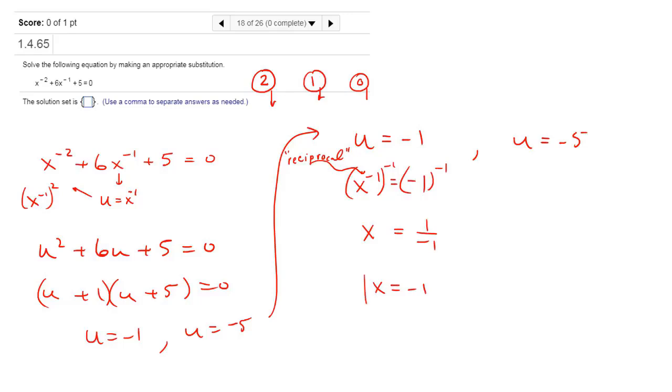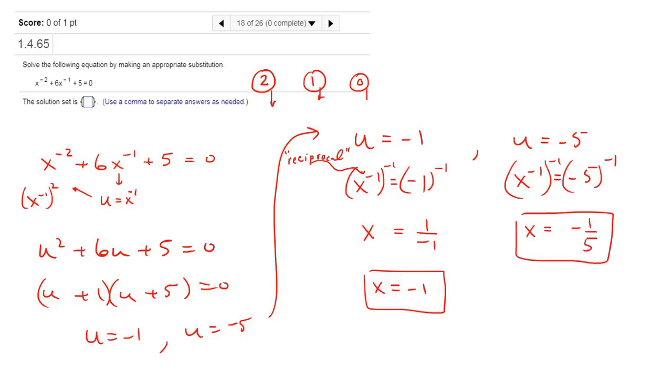So -1, +1, they're reciprocals of each other. This one, on the other hand, back substitute the x to the -1 in here. Take it to the -1 power, which means reciprocal. And you get yourself a -1/5, which is the reciprocal of -5, which is perfect. There's our two answers. So inside here, -1, -1/5 are two answers.